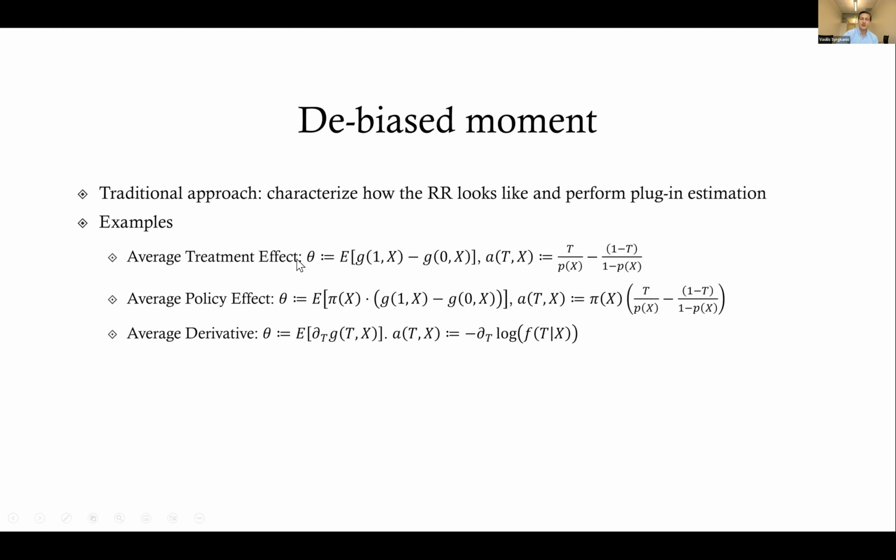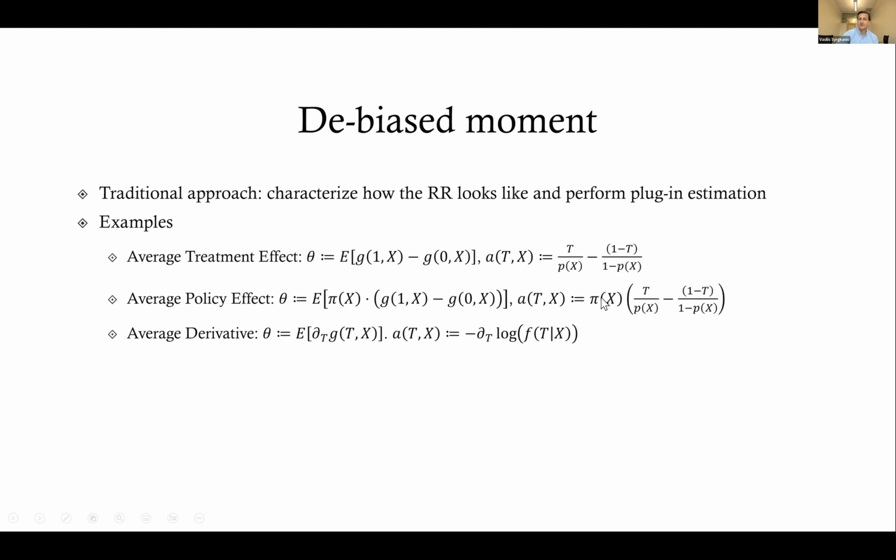For instance, in the case of the average treatment effect, the Riesz representer looks like this inverse propensity term. There are two terms, one for the G1 and one for the G0. So that's the classical inverse propensity term, where the denominator is the probability of treatment conditional on X. And so plugging it back into the debiasing formula, you'll get the augmented inverse propensity estimator, or the doubly robust estimator.